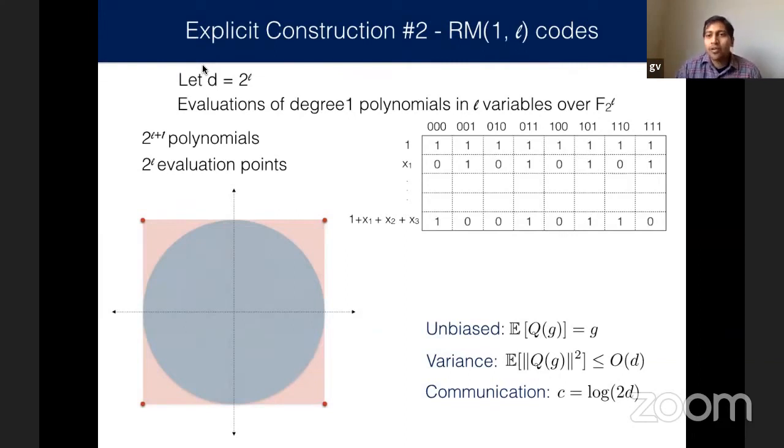For any D-dimensional code, you have only 2D code words here. And for any other binary linear code, we achieve the same variance bound. So in terms of variance, we cannot improve. The only way we can improve is by reducing communication, and you cannot do anything less than log D anyway.